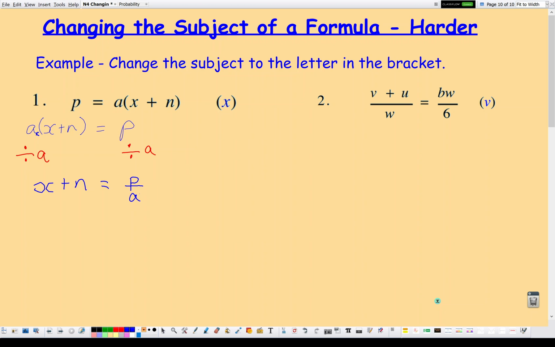Now all we have to do is get rid of the plus n, which we do by taking away n from both sides. That leaves me just with x on its own, which is what I want. P over a, that fraction stays there, and then separately take away n. And that is your final answer there.